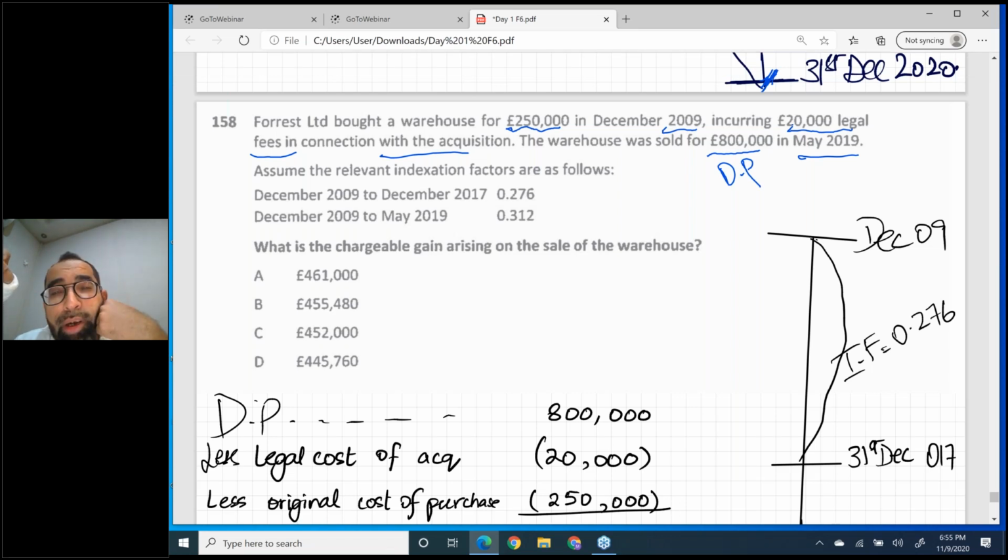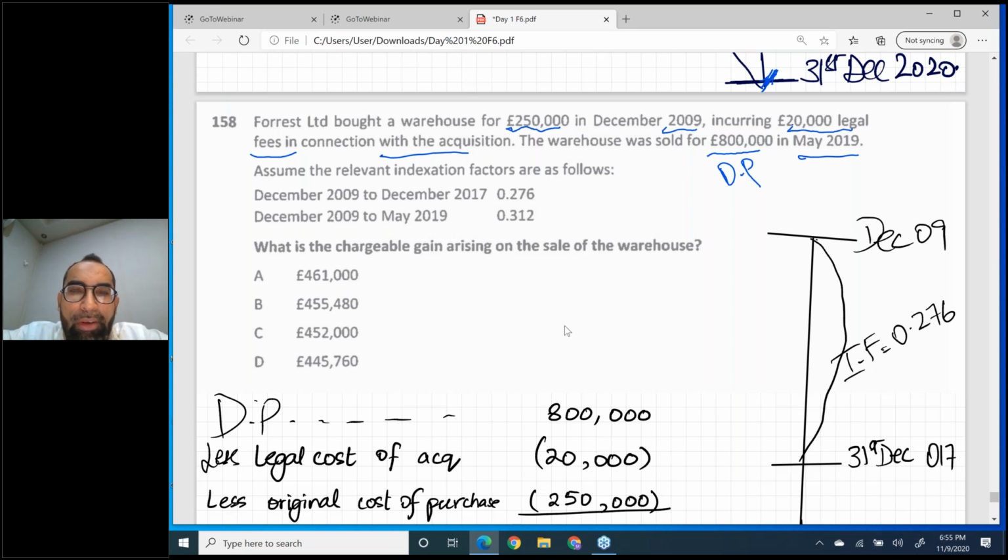The asset is bought before 31st December 2017, and the asset is sold after 31st December 2017. But don't forget, boys and girls, that you are only eligible for indexation allowance till 31st December 2017. After that, no indexation allowance.